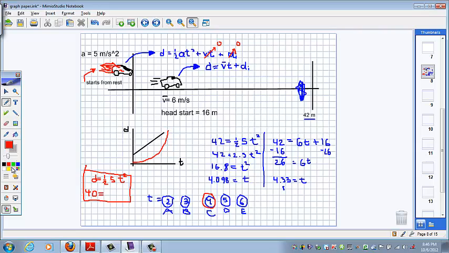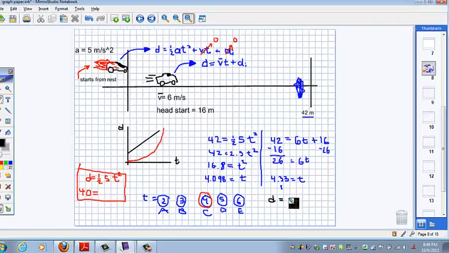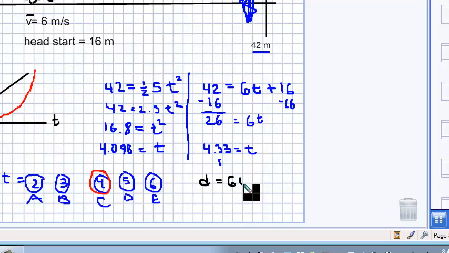And then for the slowpoke, if we put a 4 in for his equation, let's write that over here, D equals 6t plus 16. If we put a 4 in here, we get 24, 6 times 4, plus 16, and that also is 40. And so at time equals 4, they're both at 40. So that's kind of a sneaky way to solve the problem, just by putting in the answers and seeing when the distances match.